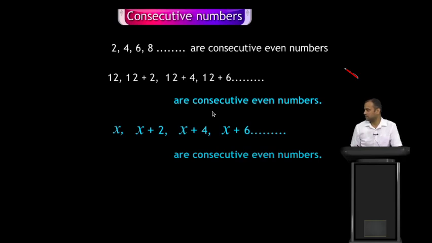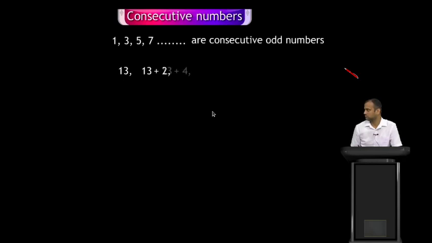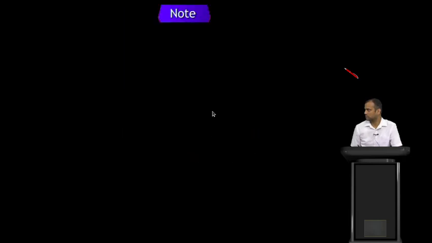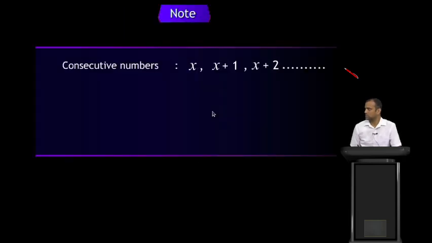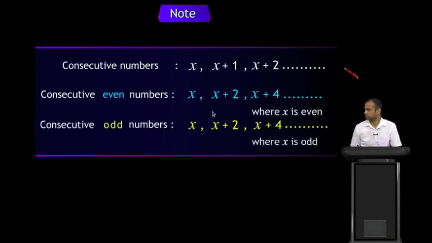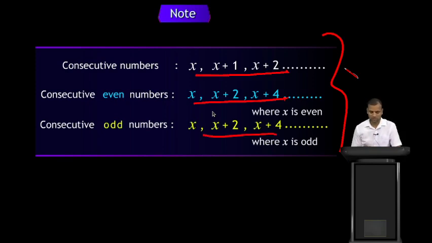In the same way we can also represent odd numbers. So you have to note down these are consecutive numbers, even numbers and odd numbers. For only consecutive numbers we will add 1, 2, 3 like this. For even numbers 2, 4 like this, and odd also.